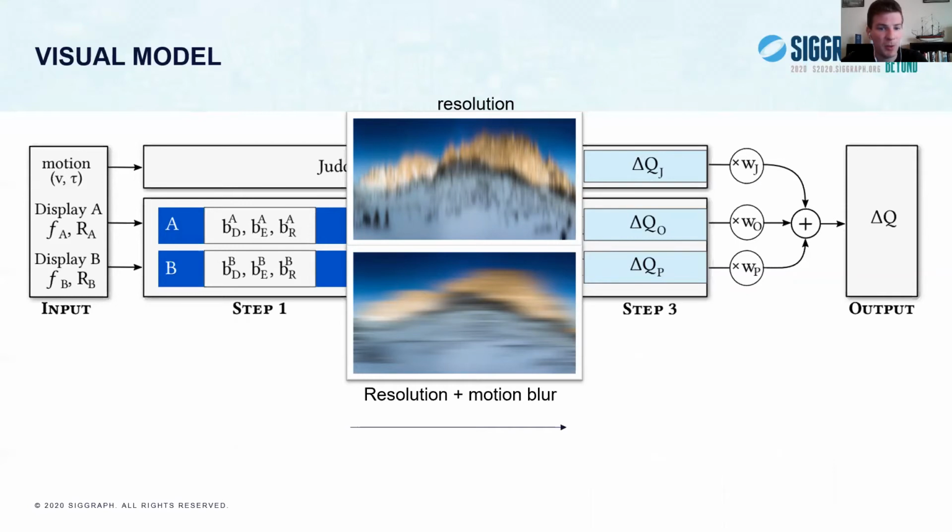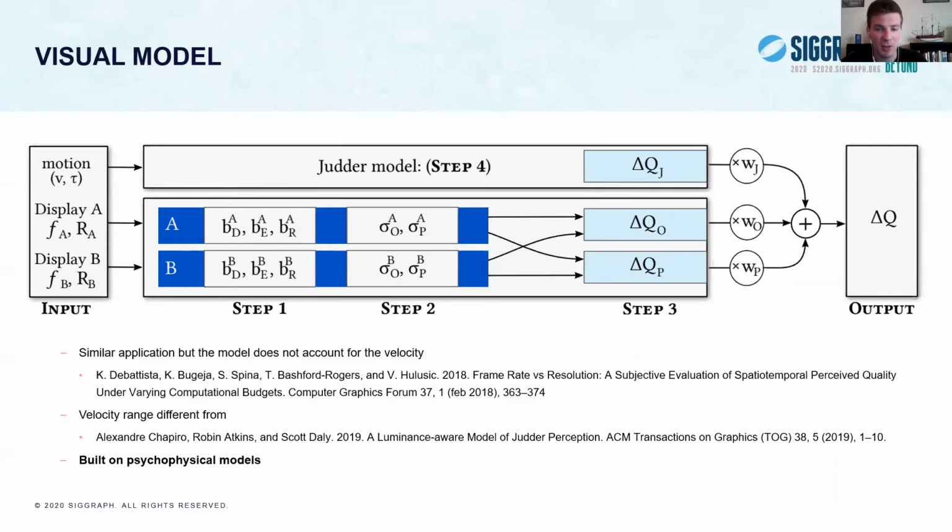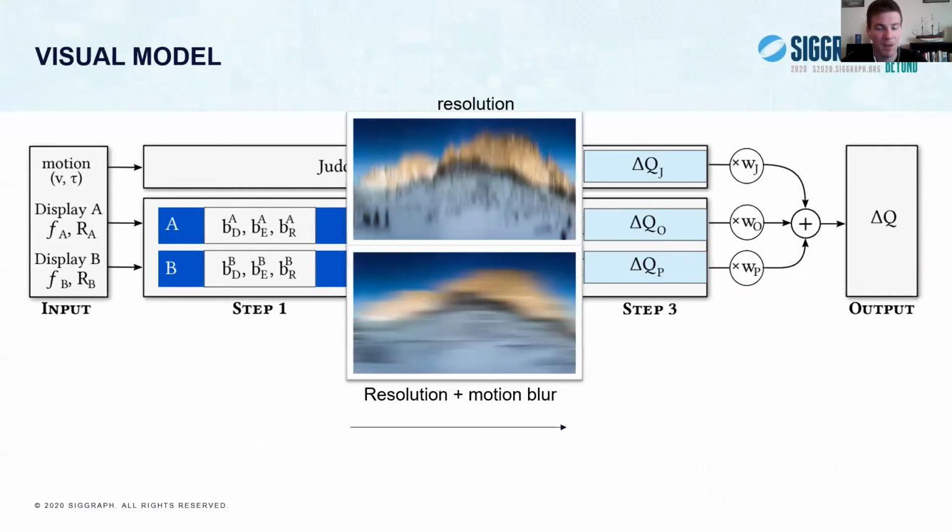The 2 core components of the model are the blur and the judder components. For blur, we distinguish between blurring occurring orthogonal to the direction of motion and parallel or aligned with the direction of motion. This is required as blur is anisotropic in this setup.